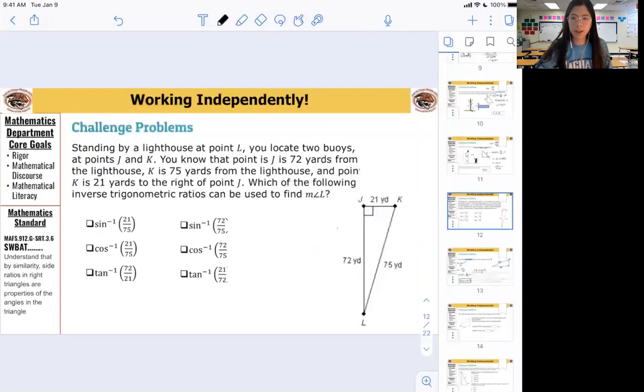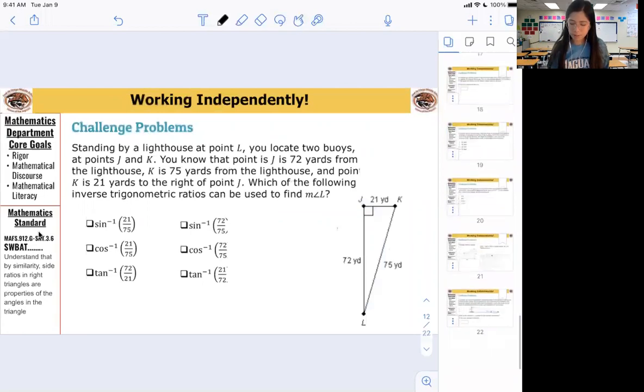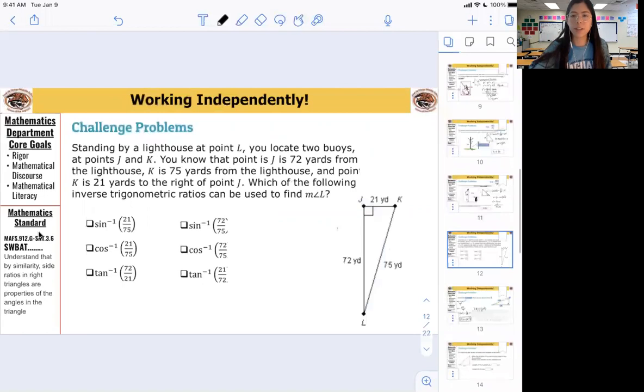So you're going to do 12 to the end, skipping number 13, because we did 13 already. Okay, it's loading, but as soon as I get it, I'll send it over.